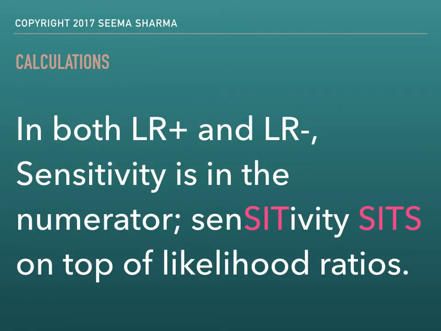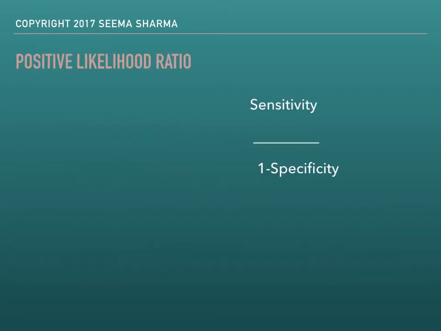In terms of calculations, for both positive and negative likelihood ratios, sensitivity is in the numerator. So sensitivity sits on top of likelihood ratios. For the positive likelihood ratio, sensitivity by itself is in the numerator over 1 minus specificity.